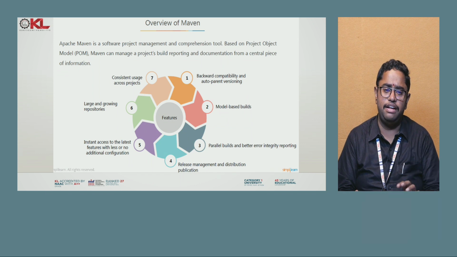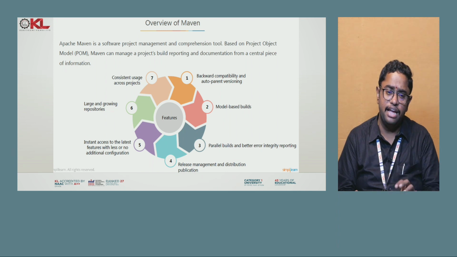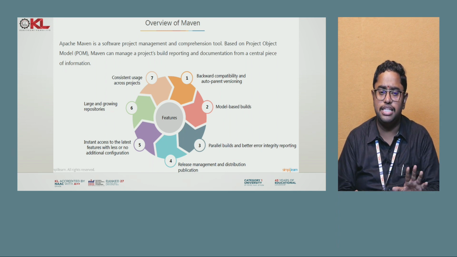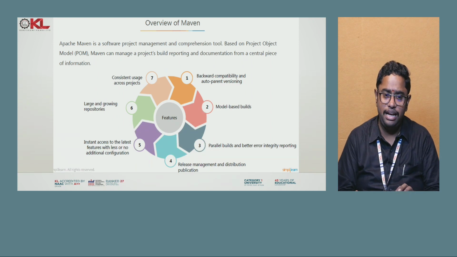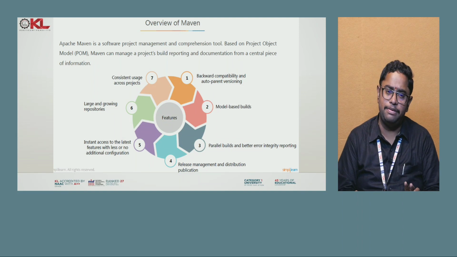And whenever the latest features are added, or we have to create any additional configuration, all such configurations can be done at no cost or with minimal price. That is the main advantage of using Maven. This Maven tool is also capable of holding large and growing repositories and consistent usage across the projects.